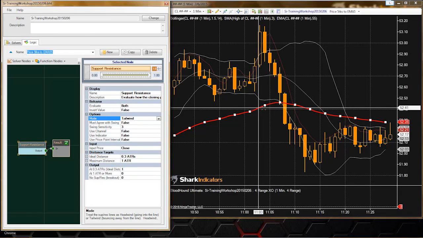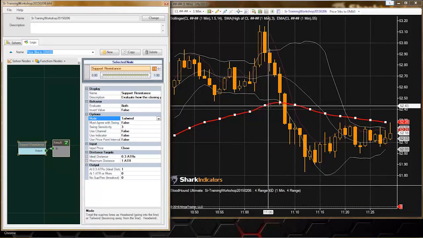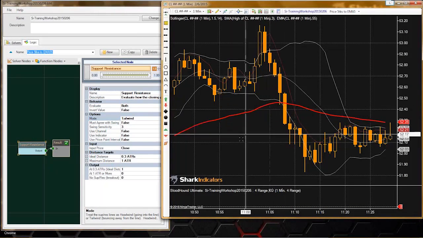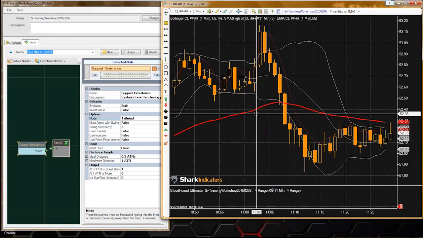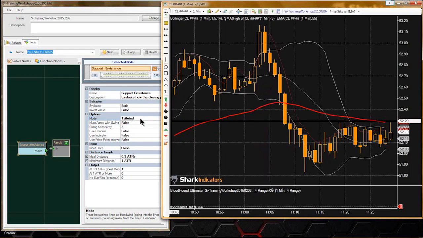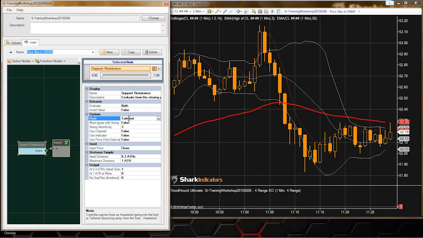So in order for price to bounce off of your support resistance, that means that price needs to get close to that support resistance. So Tailwind mode is telling you when price is close to your support resistance and could possibly bounce off of that.